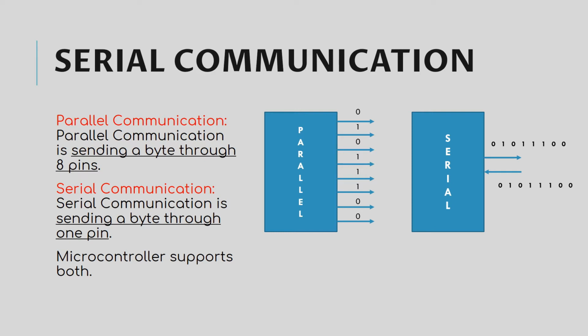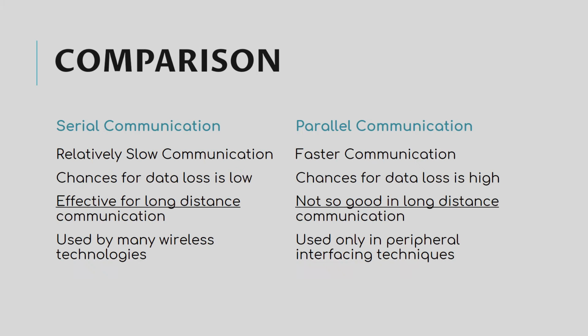Normally, any microcontroller supports both. So what are the differences between serial communication and parallel communication? The major difference is where it is being used. Serial communication is effective for long distance communication, but parallel communication is not so good in long distance communication.